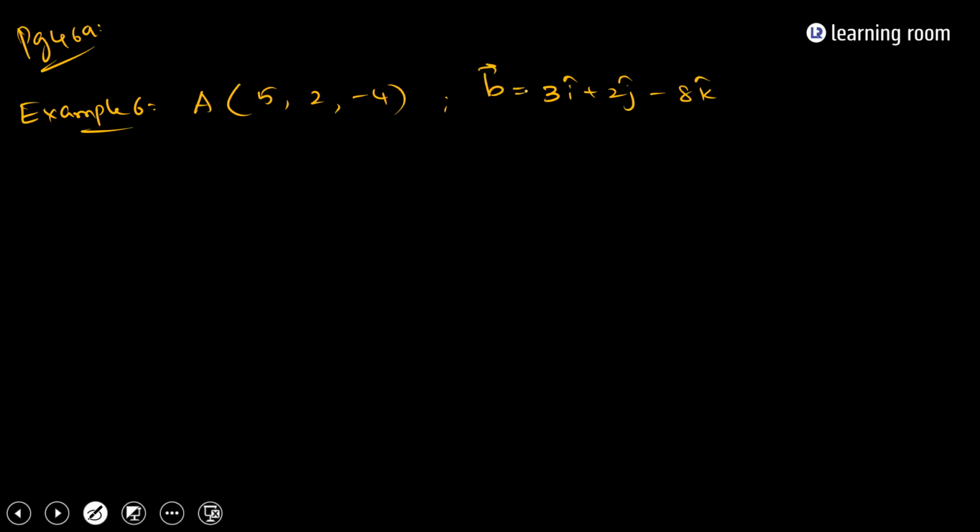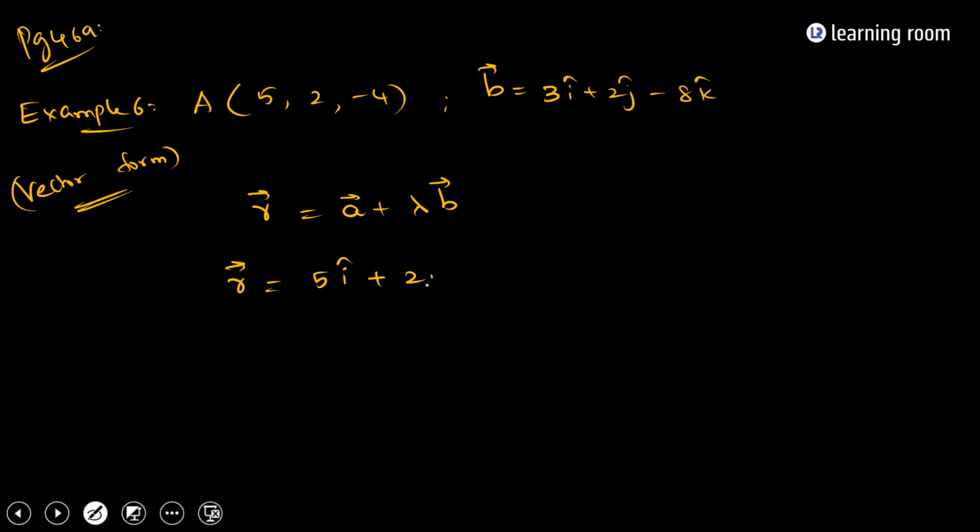Right? So when I have to write it in the vector form, then we know that R vector is equal to A vector plus lambda times B vector. So R vector is equal to, what is A vector? It is going to be 5i cap plus 2j cap minus 4k cap. So simple.